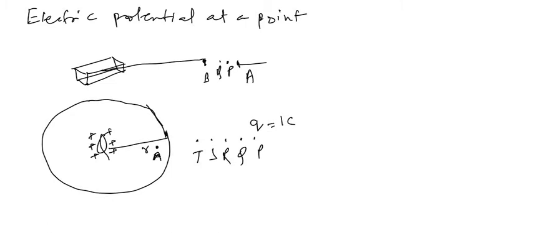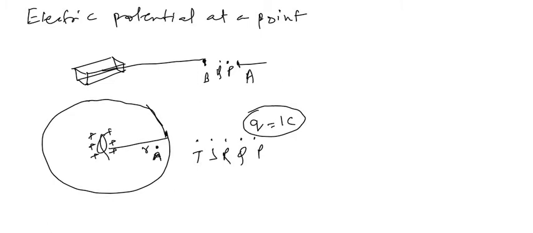As this test charge is brought to point A, due to this bigger charged particle, which also has a positive sign, this unit positive charge, 1 coulomb positive charge, will be repelled, and this test charge will come on the boundary of this sphere.